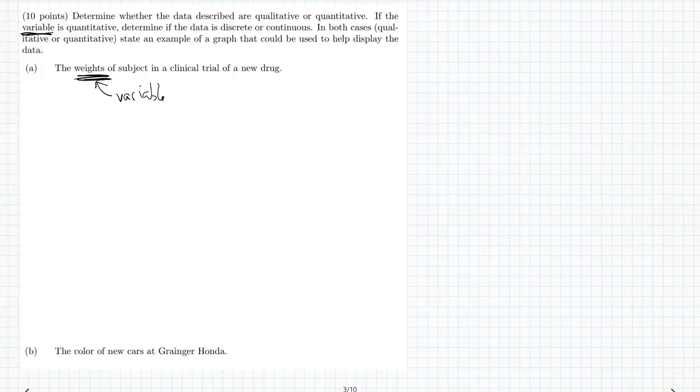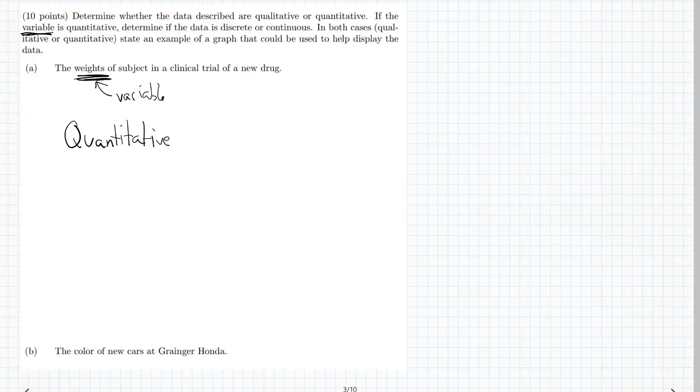They could even be like 150.78, right? Those are all possible values, and they're numerical values, so that tells us this is a quantitative variable. So we have a quantitative variable.